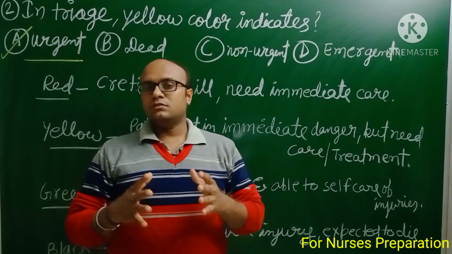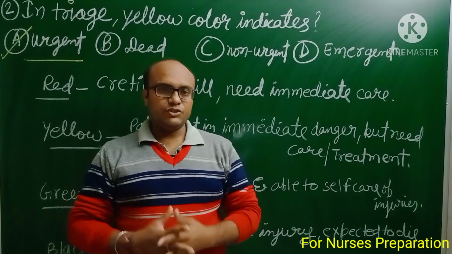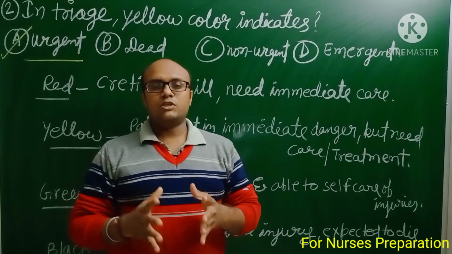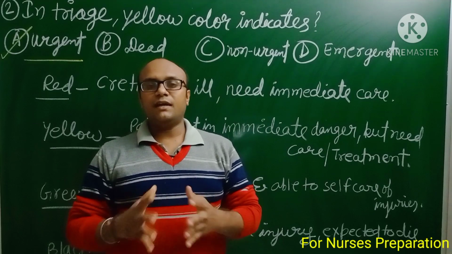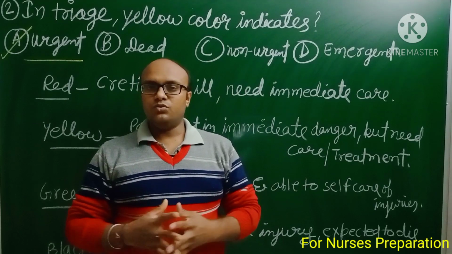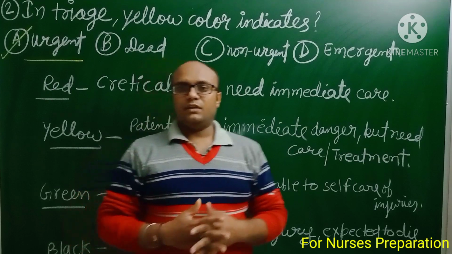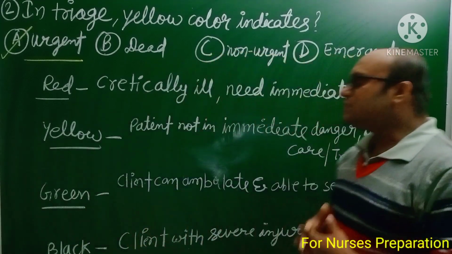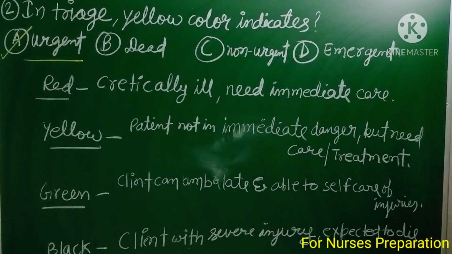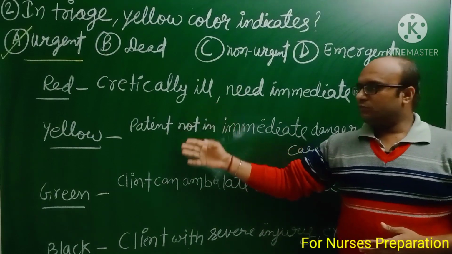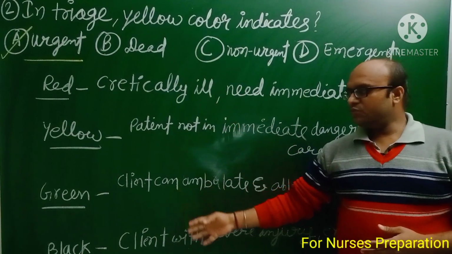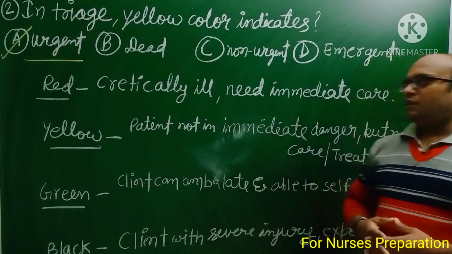To tackle all the clients or injured people, the hospital classifies them according to the severity and urgency of care into 4 types. To deal with this massive casualties situation, the hospital makes 4 color zones. These are red zone, yellow zone, green zone and black.